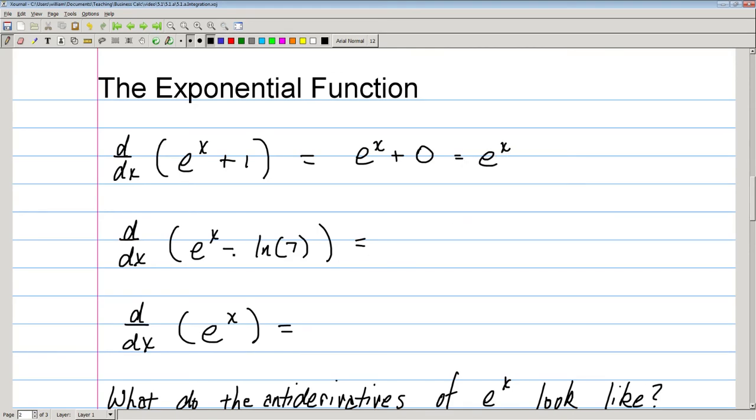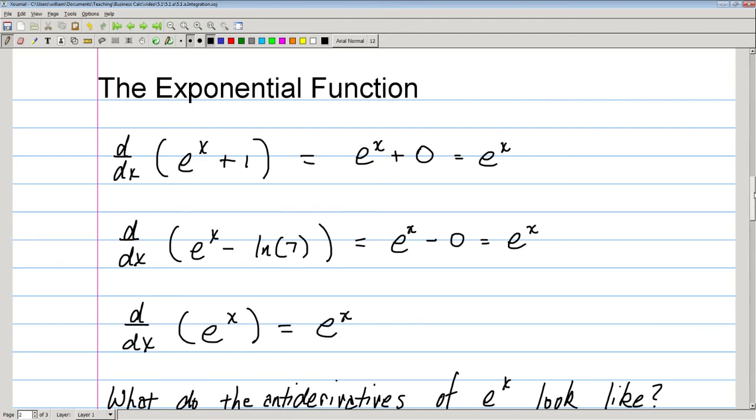The derivative of e to the x minus log 7, well, the natural log of 7 is just a constant, 1.945911049, on and on and on, but it's still just a constant even if it's an irrational number. So the derivative of the expression is the derivative of e to the x minus the derivative of a constant. It's still e to the x. And the derivative of e to the x is itself.